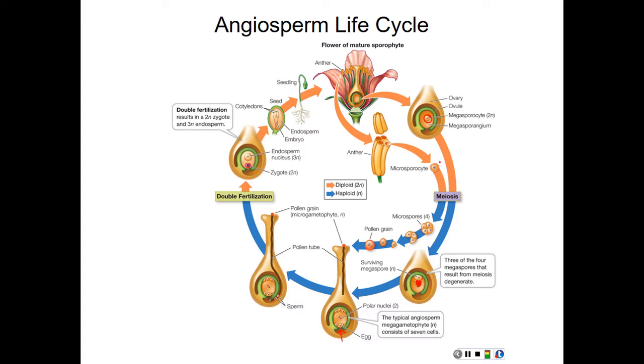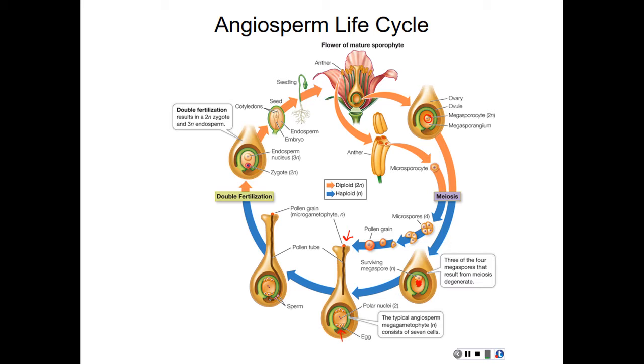So somehow a pollen grain needs to make its way to that stigma, that sticky receptive surface. And typically the stigma, in addition to being sticky, also contains the right types of chemicals that will signal to the pollen grain that this is the place where it wants to allow a pollen tube to germinate.